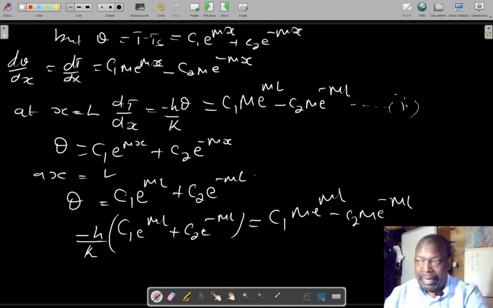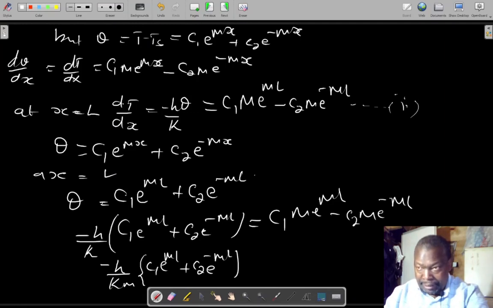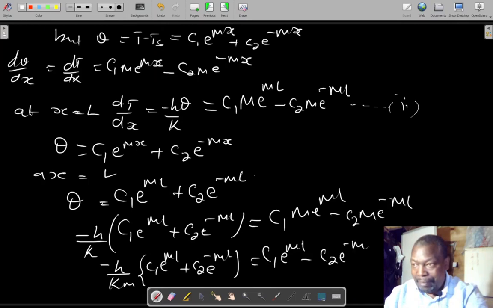Dividing through by m, we have minus h over km times C1 e^(mL) plus C2 e^(-mL) is equal to C1 e^(mL) minus C2 e^(-mL).